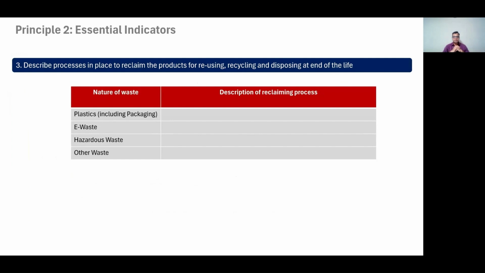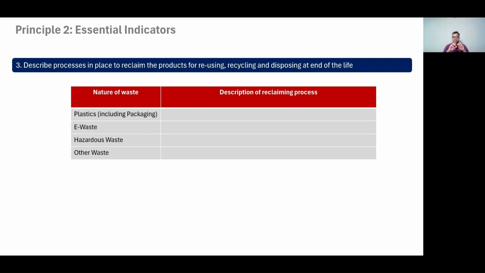The third indicator, which is an essential one, is describe the processes in place to reclaim the products for reusing, recycling, and disposing at the end of life. Now, this terminology of reclaiming the product is a bit confusing here because it talks about plastics, including packaging, e-waste, hazardous waste, and other waste.